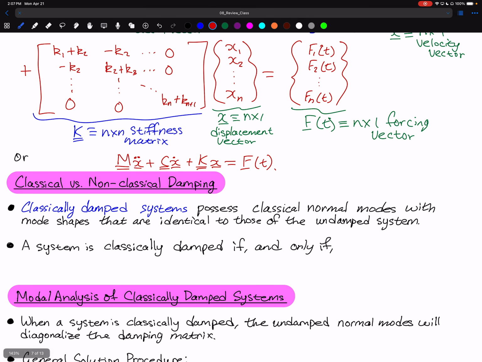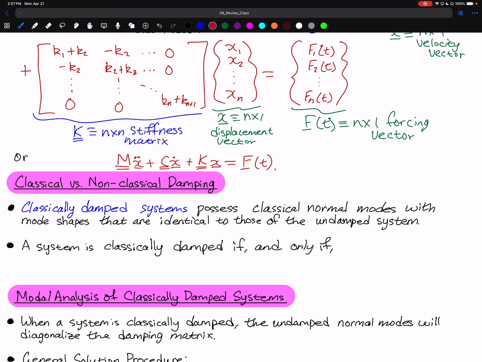All right, we then talked about classical versus non-classical damping. Classically damped systems possess normal modes, or classical normal modes, that are identical to those of the undamped system. Non-classically damped systems have complex modes, or modes that are different than the undamped system.